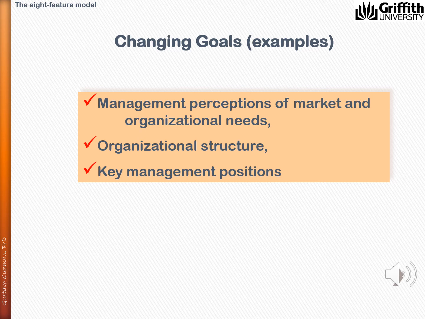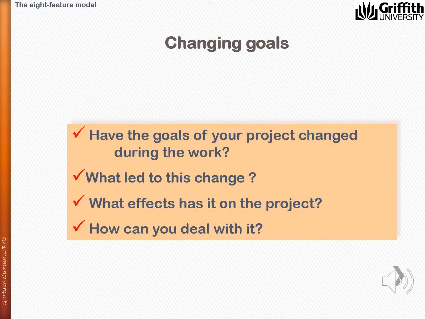Or simply key management positions can be shifted, and this also may affect how and what we can achieve in the project. Here you can see some questions that may help the project manager to check if goals are changing.